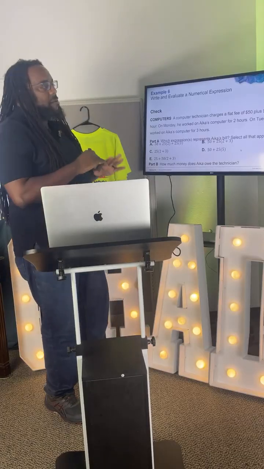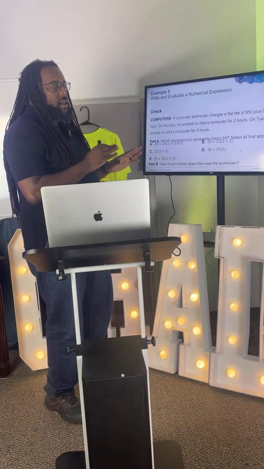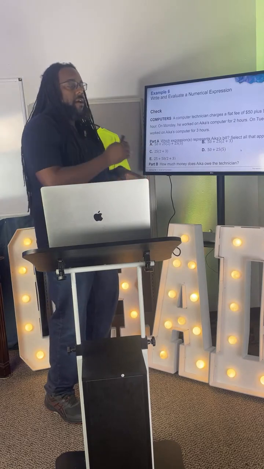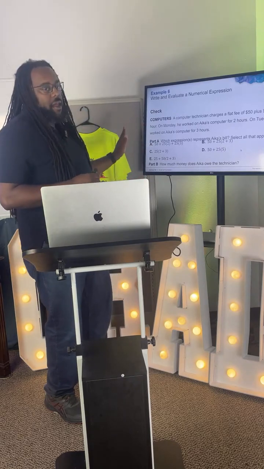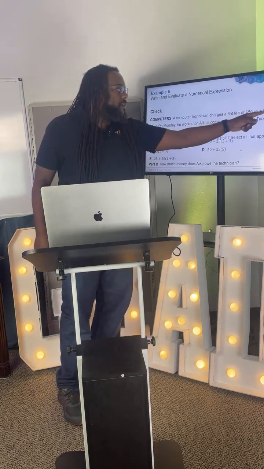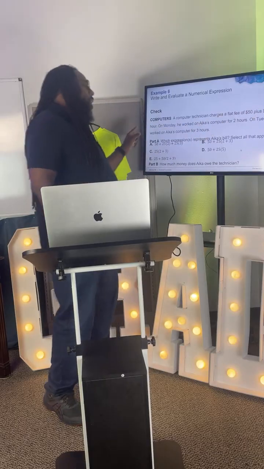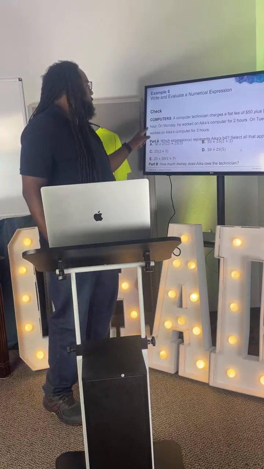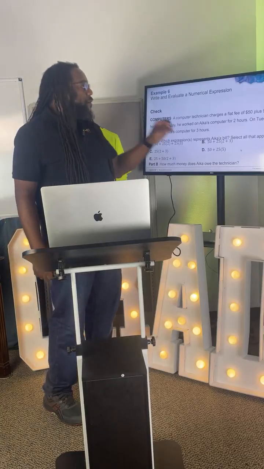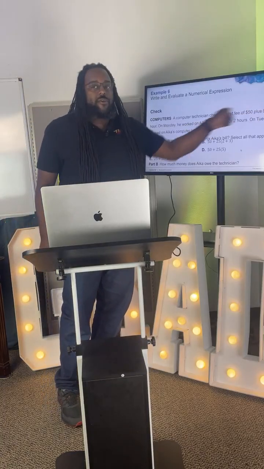The 50 is going to be constant and it doesn't need to be multiplied by anything because it's a flat fee. The $50 is guaranteed and not manipulated. But this $25 is per hour. So we need to take note of how many hours total has been worked and multiply it by that $25.